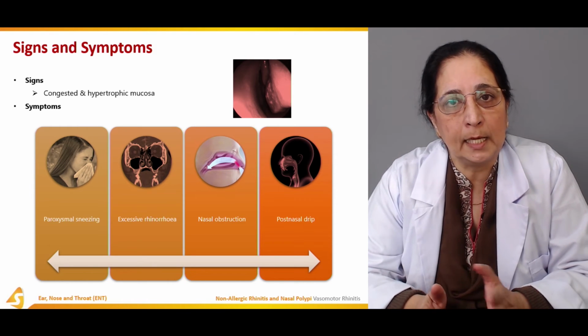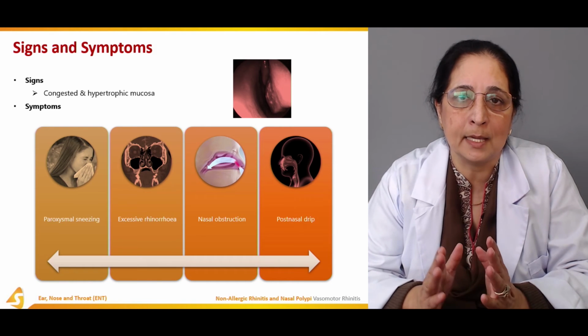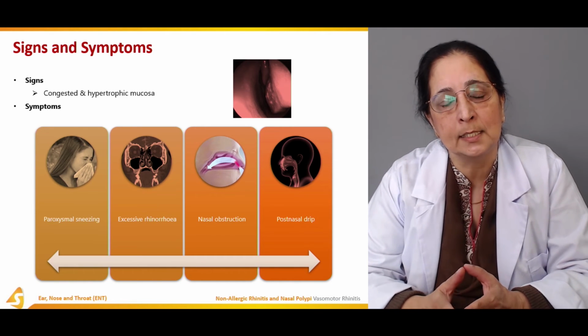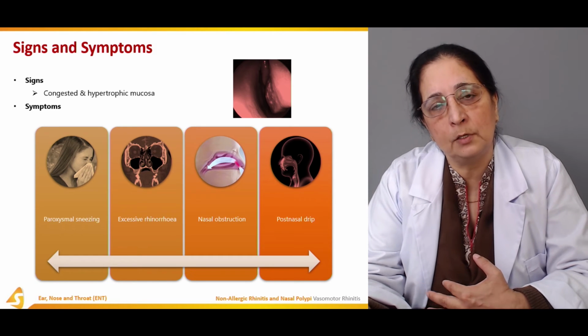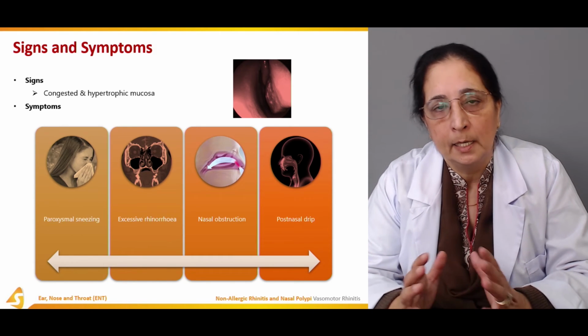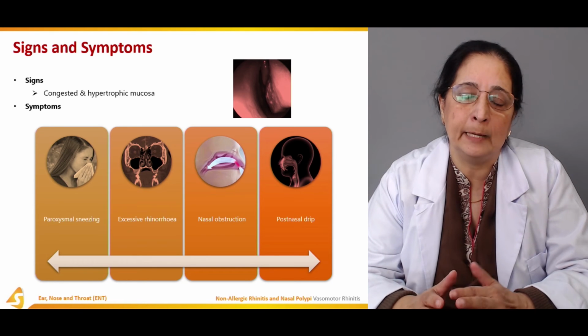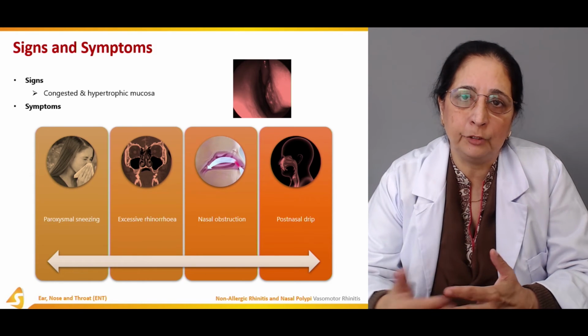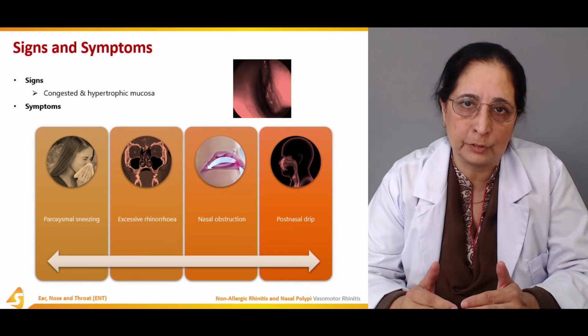All these signs and symptoms, if you notice, are pretty much the same as in allergic rhinitis. And later on, when we talk about other types of non-allergic rhinitis, the main features, how it presents, are the same, because the pathogenesis and what is occurring inside the nose is almost the same.